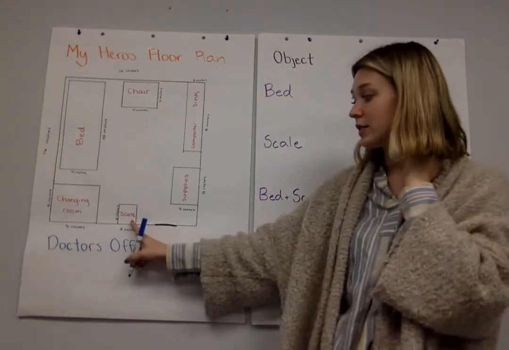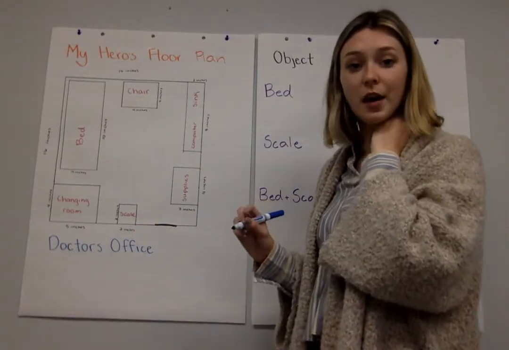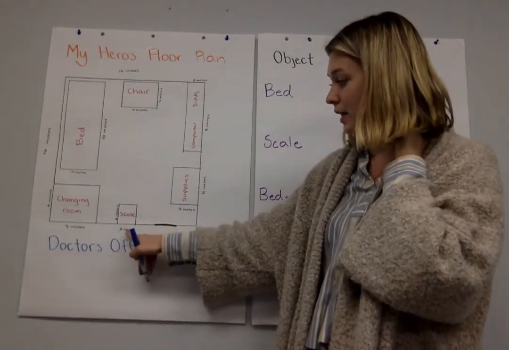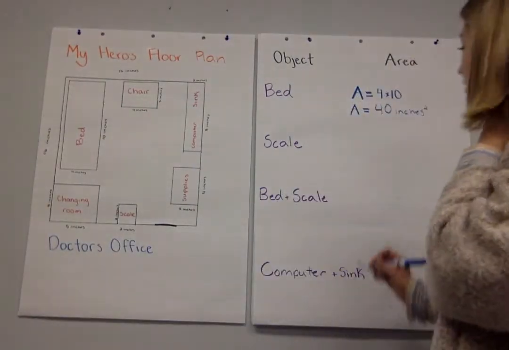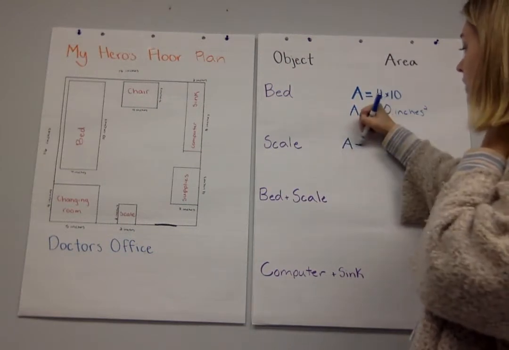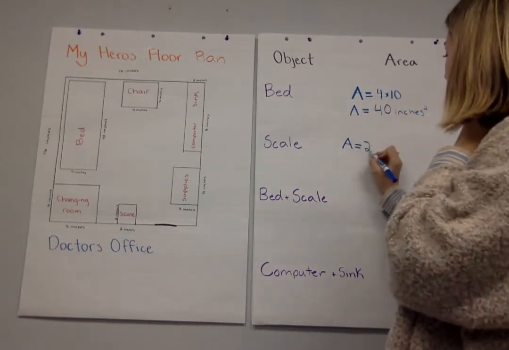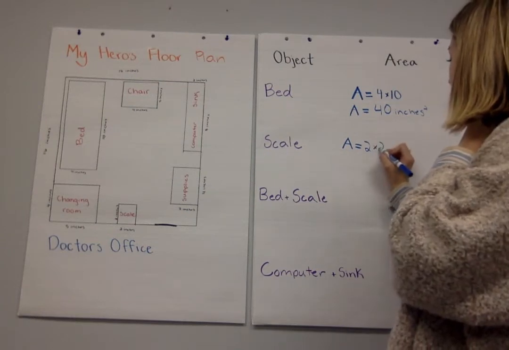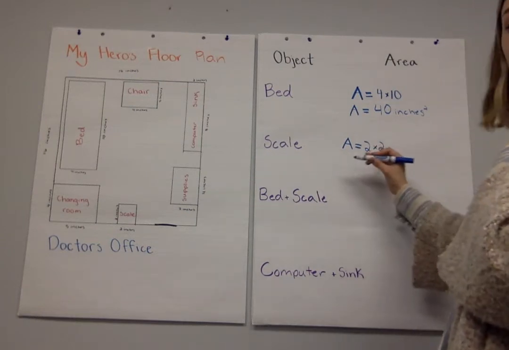I see our scale down here. We're about to weigh ourselves and see how much we weigh. And it is 2 inches by 2 inches. So we have our area equals 2 times 2, because we have our length times our width.